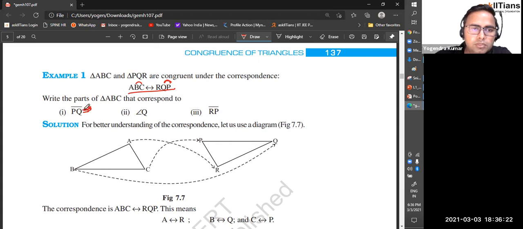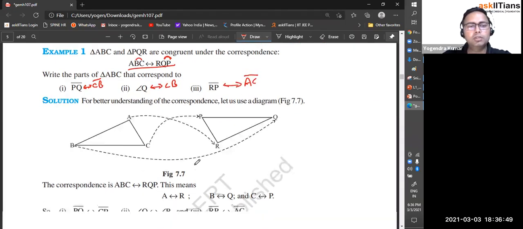Let me erase it. So what will it be, can you understand? PQ corresponds to CB. Angle Q corresponds to angle B. RP is what? This one, so AC.